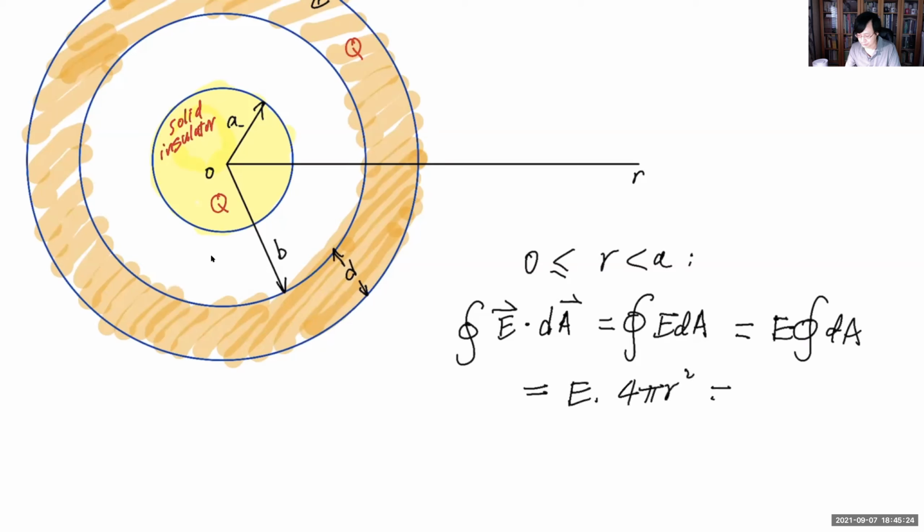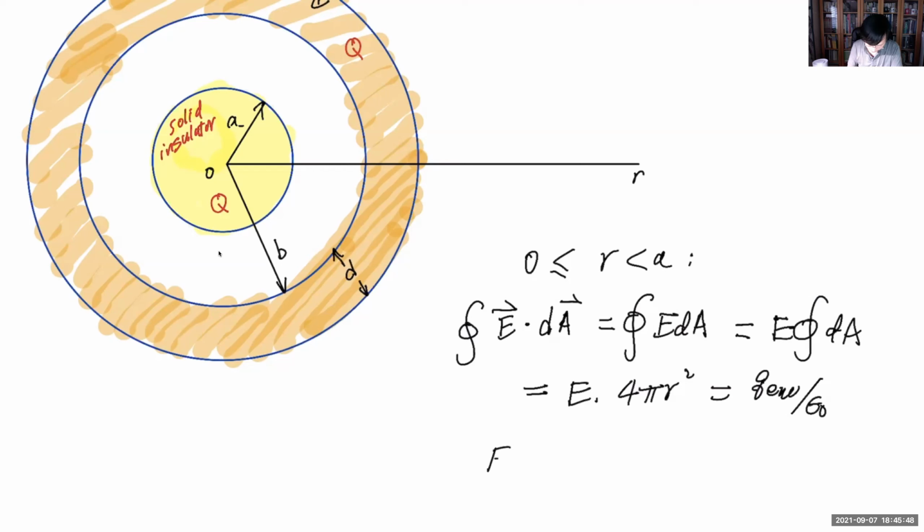And what is that equal to? Q enclosed over epsilon naught, right? And all I have to do now is to solve for E, then move the 4 pi r squared over, and that's all I need to do. Okay, right?